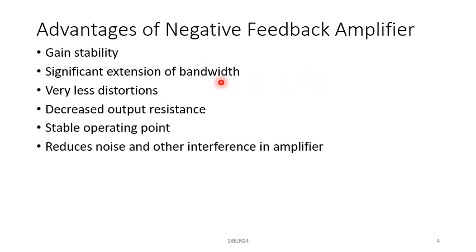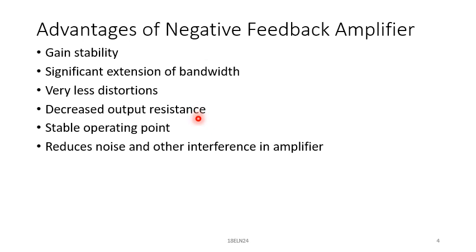Bandwidth will be improved if I use a negative feedback amplifier. And there is very little distortion. The distortion will be reduced. There are chances of distortion due to interference, temperature variation, or circuit components. Everything will be reduced.